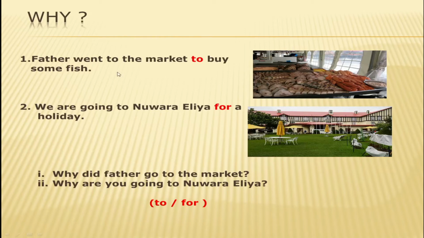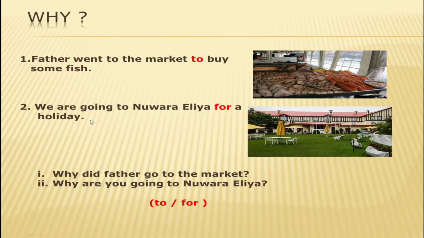There are 2 more examples here. Look at them. Father went to the market to buy some fish. We are going to Nuwara Eliya for a holiday. If I ask you the question, why did father go to the market? Give me the answer. Yes, to buy some fish.